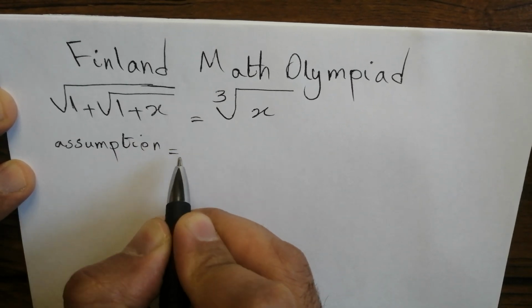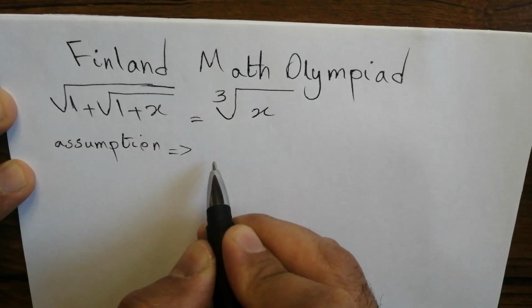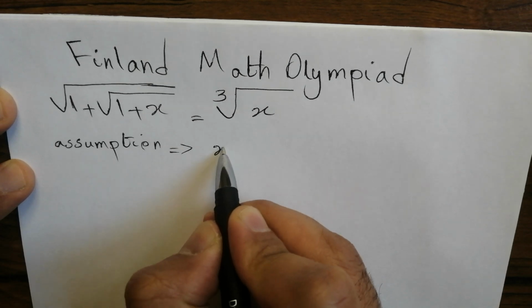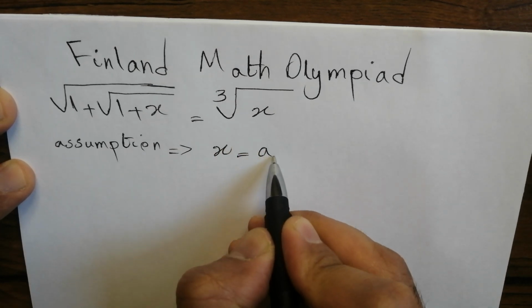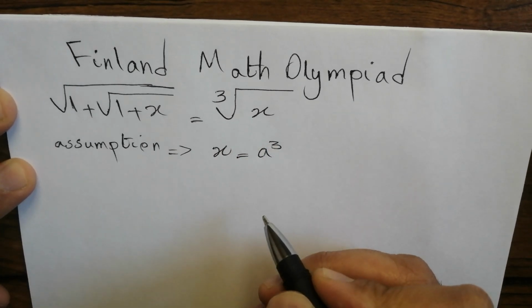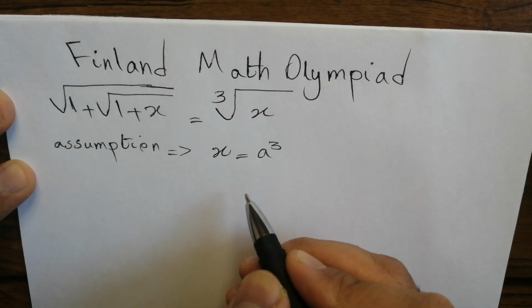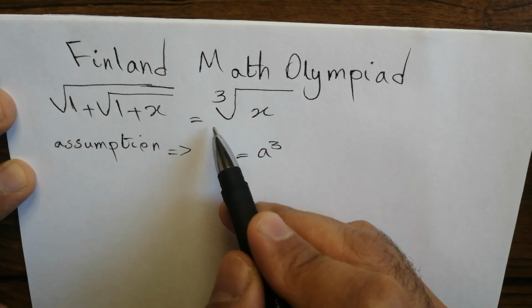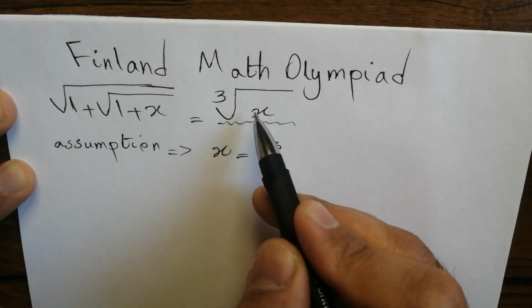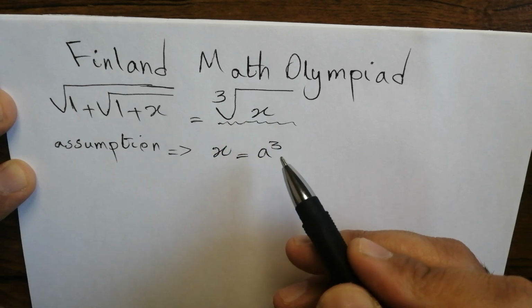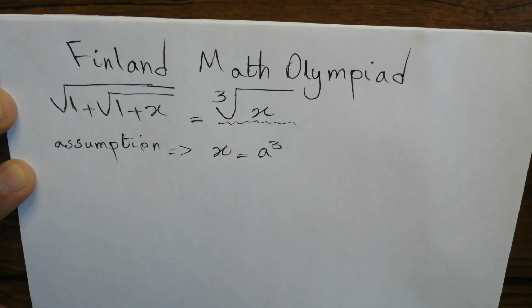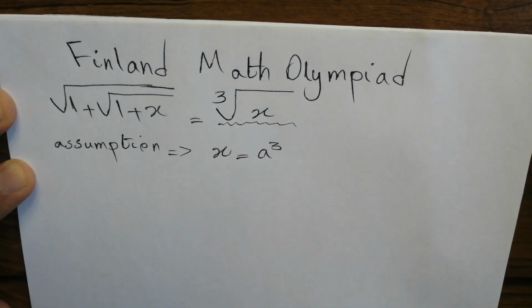We assume that x equals a cubed. Why did we assume this? Because we want to get rid of this term. This is a little annoying, so we want to get rid of this. So now let's substitute x by a cubed.